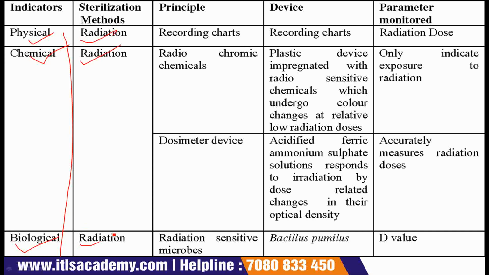In the case of a biological indicator, the principle is radiation sensitive microbes. The device used will be Bacillus pumilus and the parameter monitored will be D value.